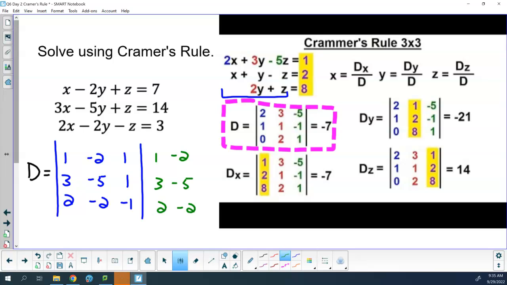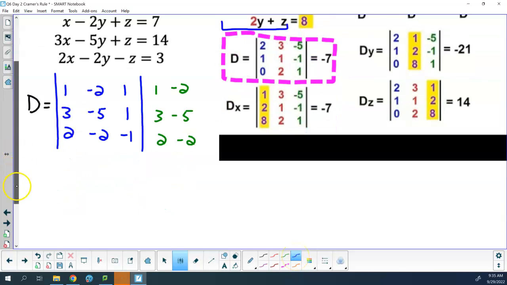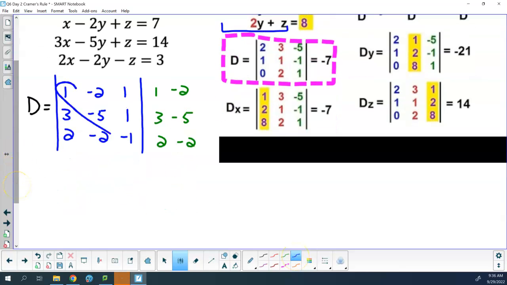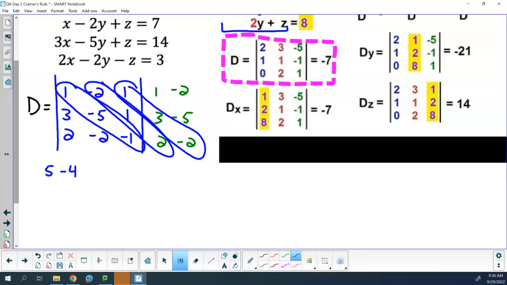All right, so we agree that that is 5. We agree that that is negative 4. We agree that that is negative 6. Then crosses. That is negative 10.